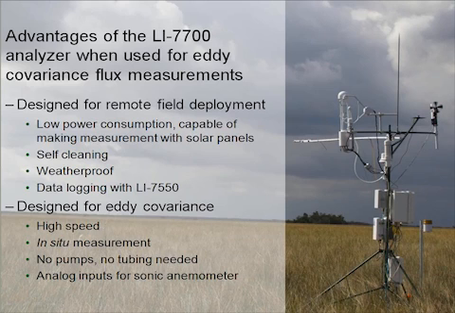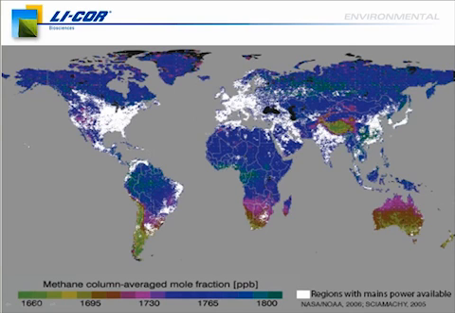I mentioned low power earlier, and the fact that typically places where methane is really interesting are not places where we have good access to power. And this map is a composite that we put together here that has data from NASA, NOAA, and also the Skimmicky group. And what we're looking at is just a map of the world, obviously, and the white areas have access to grid power.